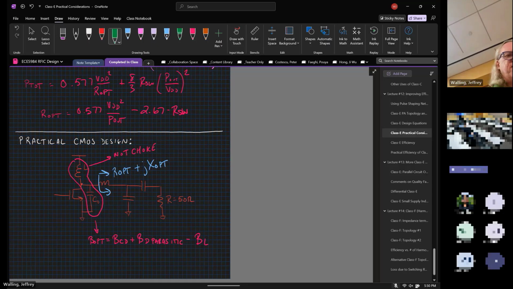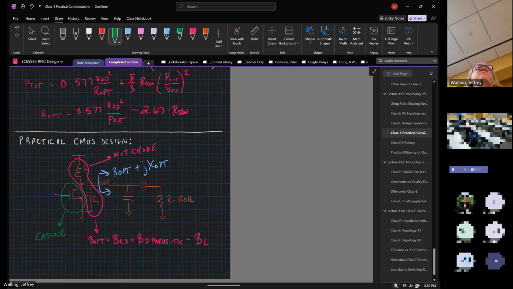And then typically, in most CMOS designs, especially if I'm trying to achieve high output power, this power transistor is probably going to be a cascode. It's a cascode because we need to protect the transistor from high voltage swings at the drain. Remember, one of the problems of the Class E network is that we're doing pulse shaping. We're taking something that used to look kind of sinusoidal, and we're squeezing it and changing its pulse so that we get the zero voltage switching conditions.